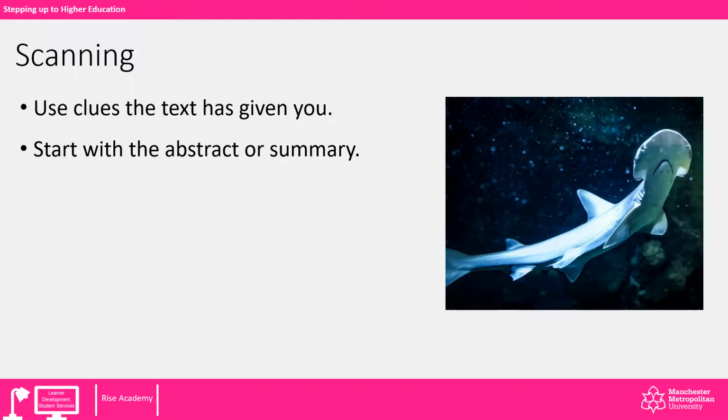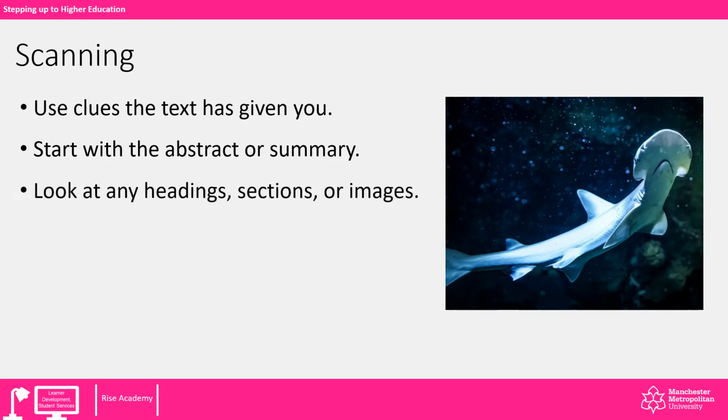So you can use these to see if a text seems relevant to your purpose or to any particular questions that you've got. You might then turn to look at any headings, any different sections, any images or diagrams, and you can use this information as clues for parts of the text that might be most relevant to your needs.